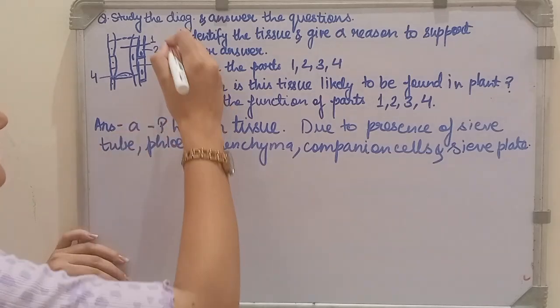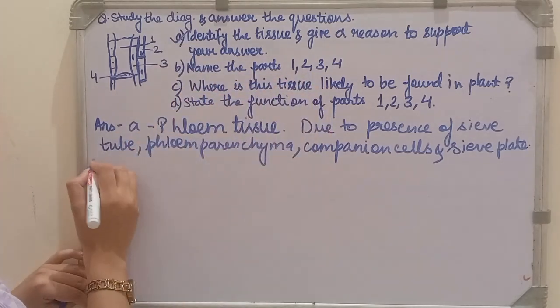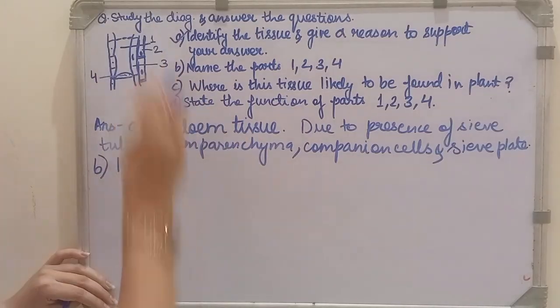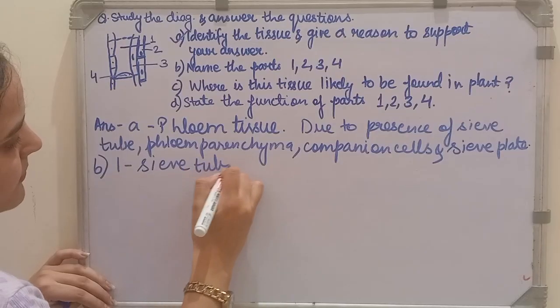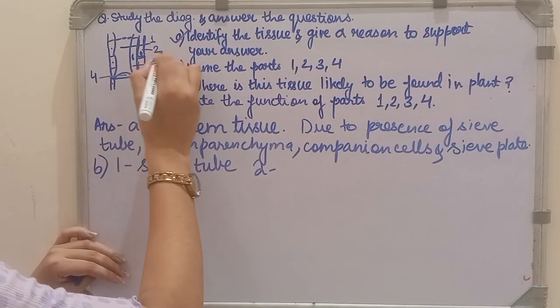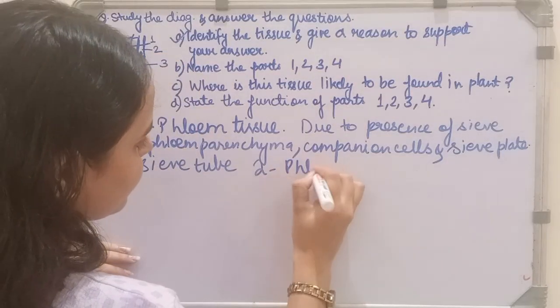Now next part, A is done. Name the parts 1, 2, 3, 4. So we have to label the parts 1, 2, 3 and 4. So 1 is elongated sieve tube. Okay. Now 2 is what? 2 is phloem parenchyma cells.